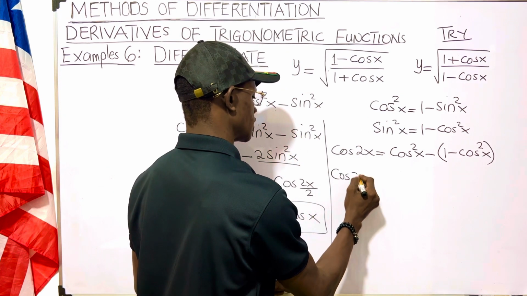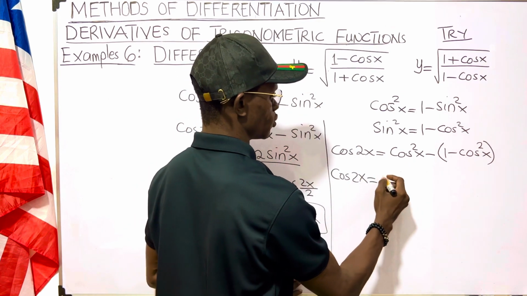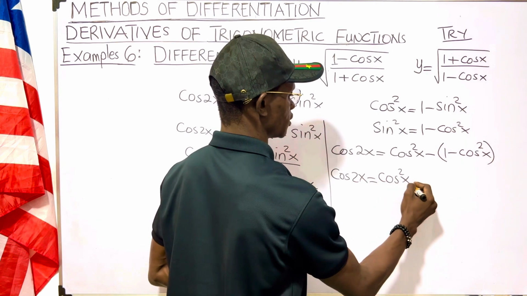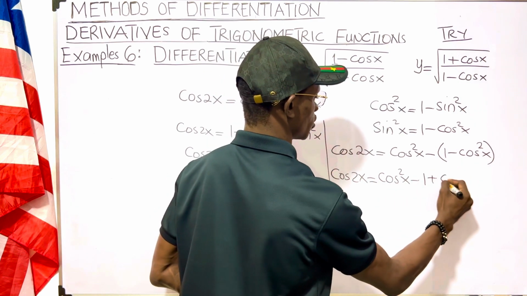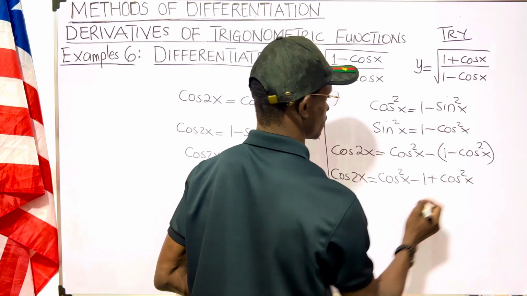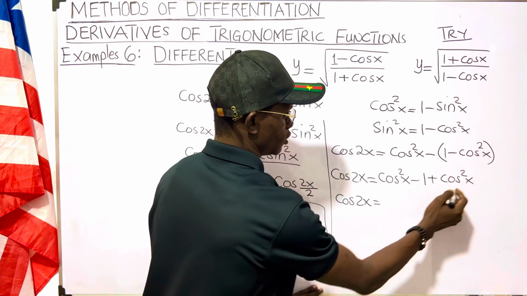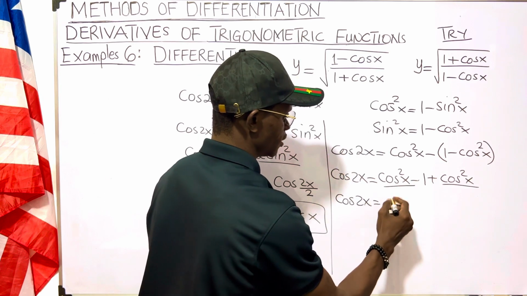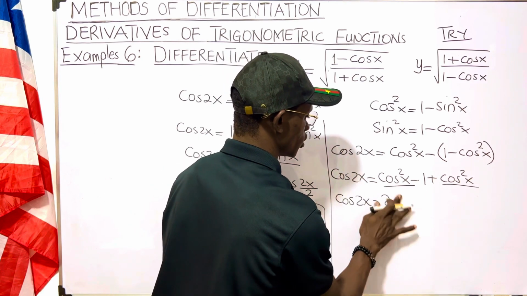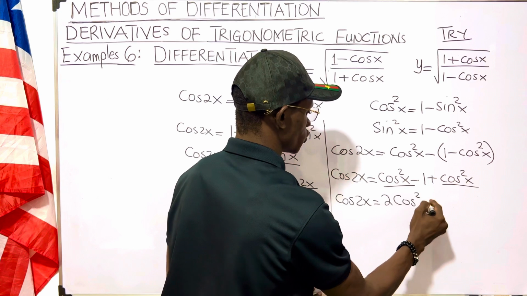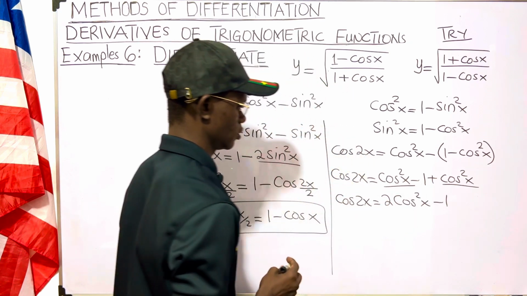So cos of 2x is equal to cos square x minus 1 plus cos square x. This and this can be added, and you have 2 cos square x minus 1.